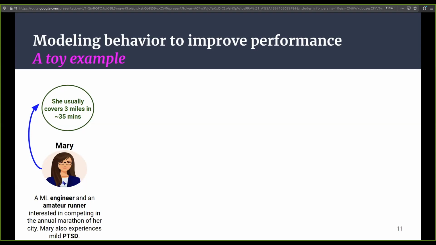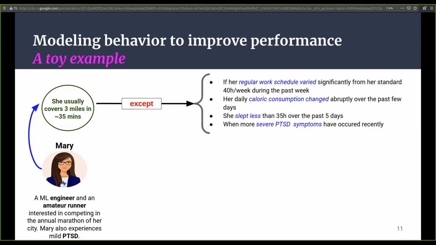That is usually the case, except when she observes some changes in the daily routine of the past few days that have to do either with the regular work schedule, with her dietary or sleeping routine, or with the severity and the frequency that she experiences symptoms related to her disorder.